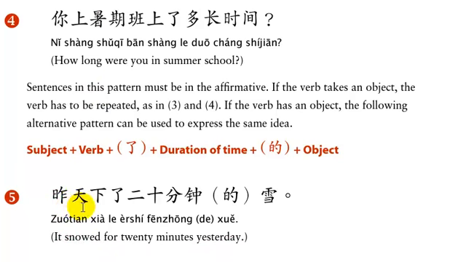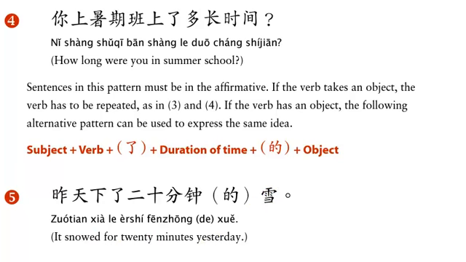Yesterday, 下了, fell, 20 minutes of snow. Okay, that's the literal translation. Yesterday fell 20 minutes of snow. It snowed for 20 minutes yesterday.